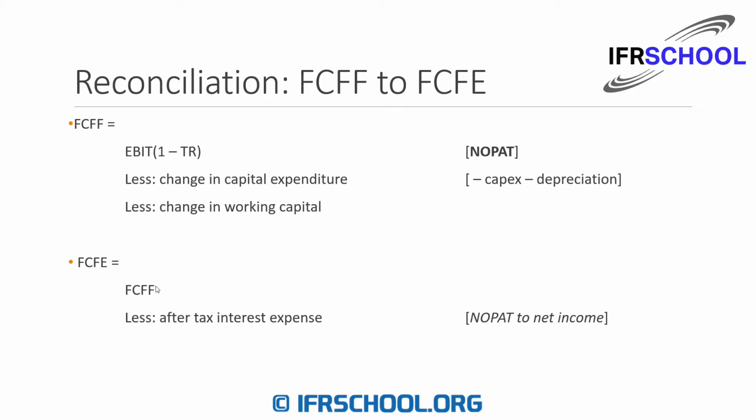We only want the portion of these additional investments that were paid for by shareholders when arriving at our estimates of free cash flow to equity. And so we add back the increase in debt during the year. This will remove the portion of the additional investments that were paid for by debt providers. In other words, what will be left behind will be the portion of the additional investments that were paid for with equity only.